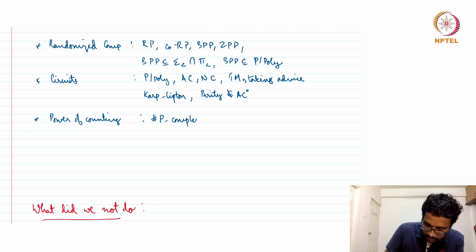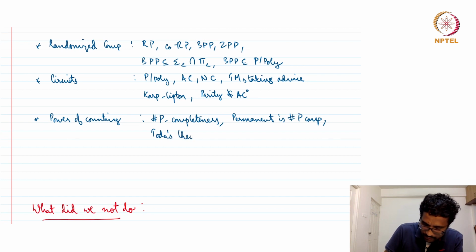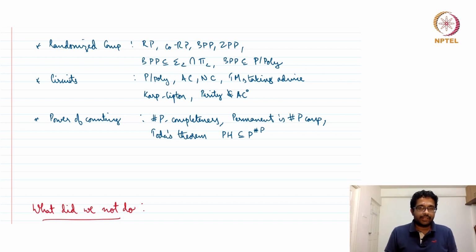We defined the class #P, and the fact that the permanent is #P-complete. And then we saw Toda's theorem, which was a very surprising and interesting result, that the entire polynomial hierarchy is contained in P with a #P oracle. So this indicates how powerful counting is. If you could do #P, then you have the entire polynomial hierarchy at your disposal.